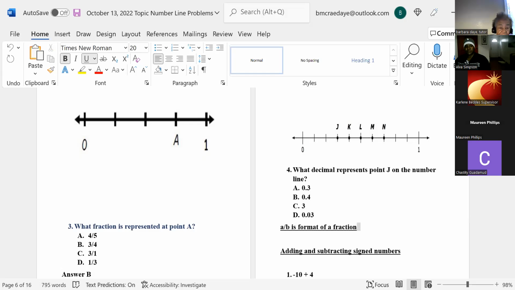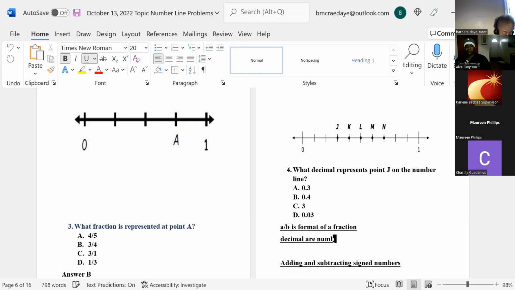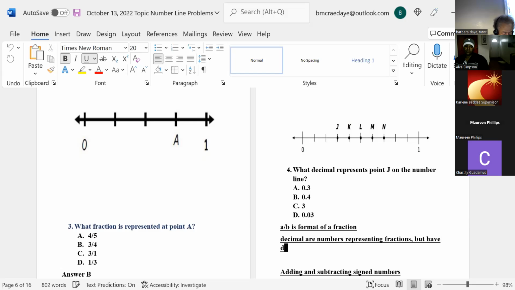But a decimal always has a decimal point. Decimals are numbers, and they can represent fractions, but they have a decimal point. Oh, I see. Decimals always have a decimal point.